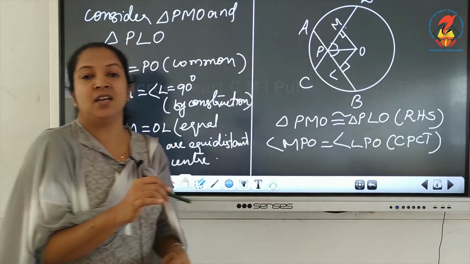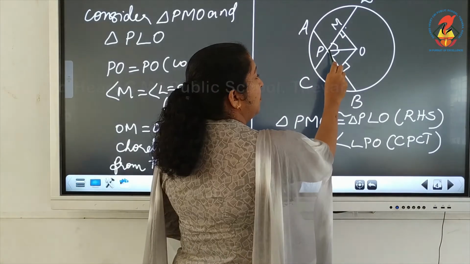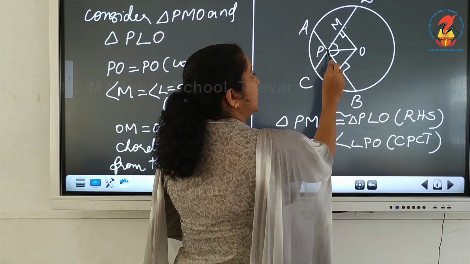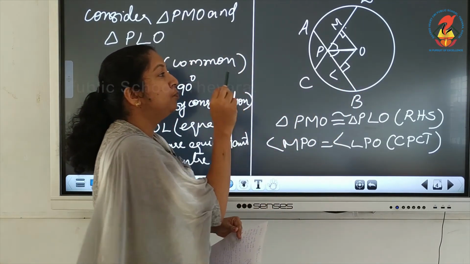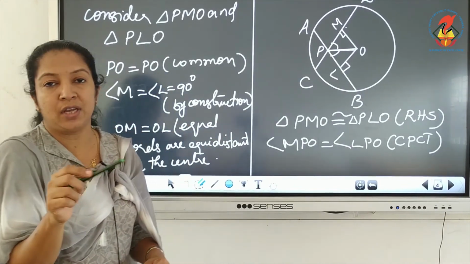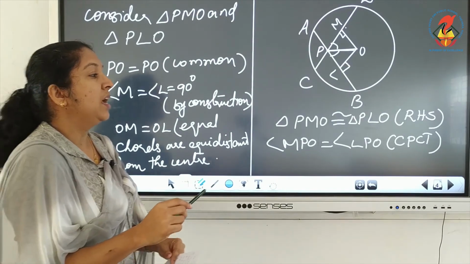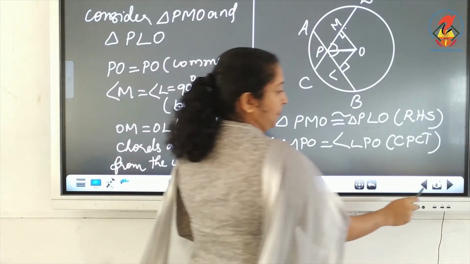So this is the final answer. We are proving that the angles made by the line joining the point of intersection to the center with the chords are equal.